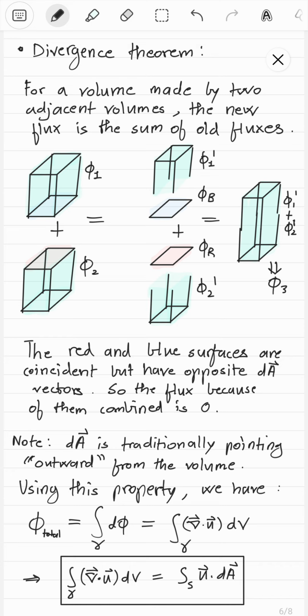But now you know that you can write it as divergence of u vector times dv, by definition. Basically the integration of that, and from that you get this theorem that the integration over the volume of divergence is equal to the integration over the surface of our u vector, the area integral.